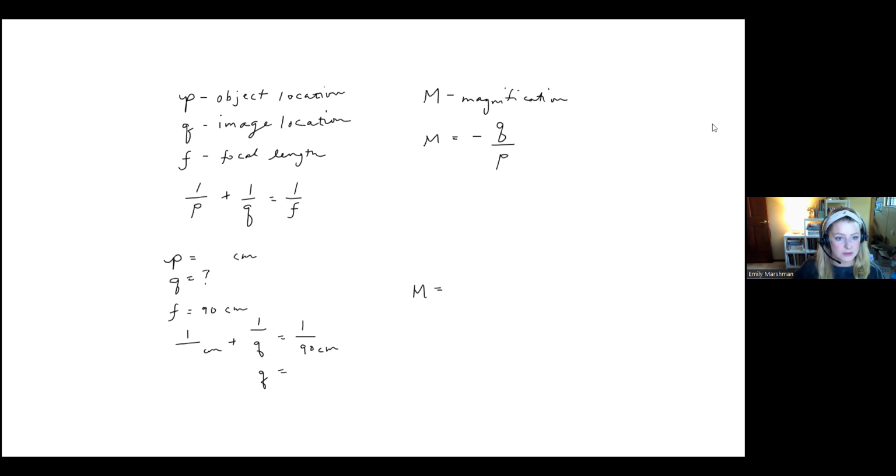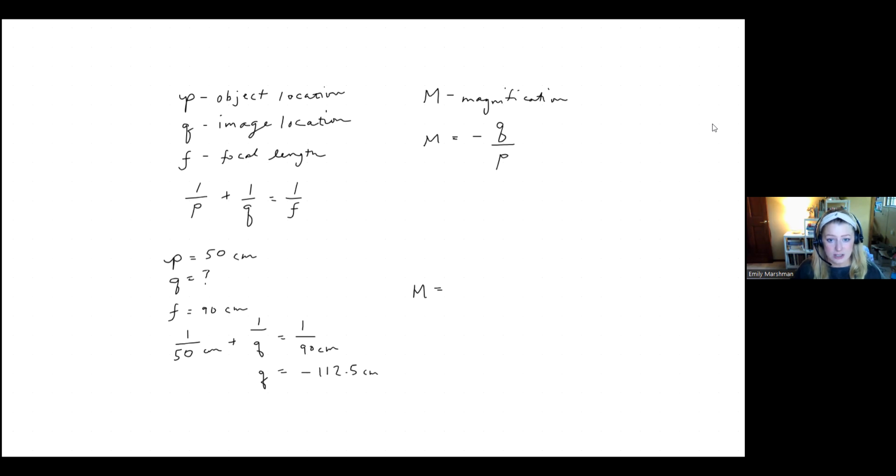So our object was located 50 centimeters in front of the mirror. We want to figure out where the image is located. The focal length is still 90. So let's use our lens mirror equation. 1 over 50 plus 1 over q is equal to 1 over 90, and we'll solve for q. In this case, I get a negative number for q, negative 112.5 centimeters.